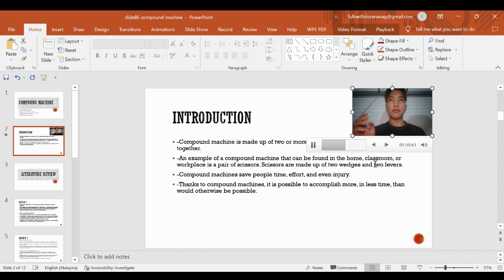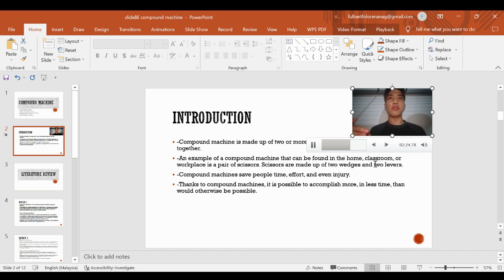For Article 2, compound machine efficiency. Friction is the force that opposes motion between any surfaces in contact. All machines have moving parts and friction, so they have to use some of the work done to overcome friction.